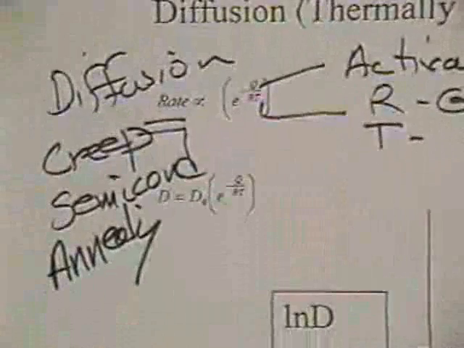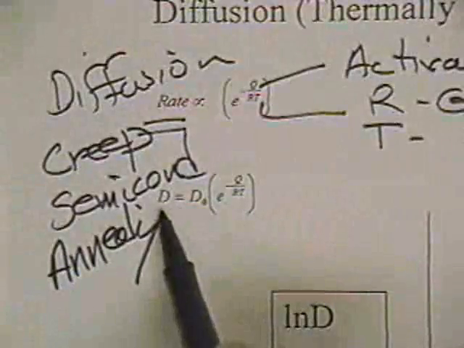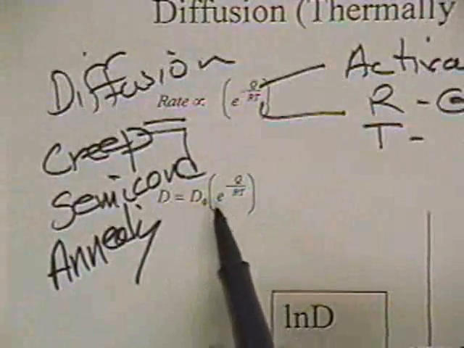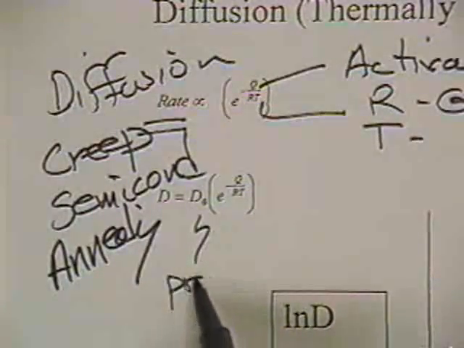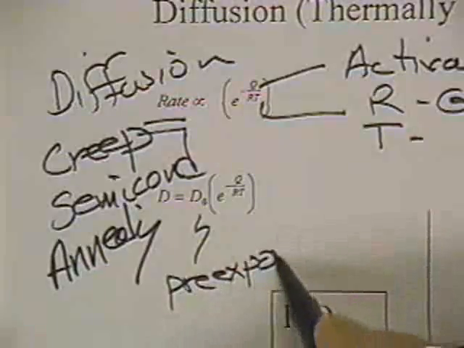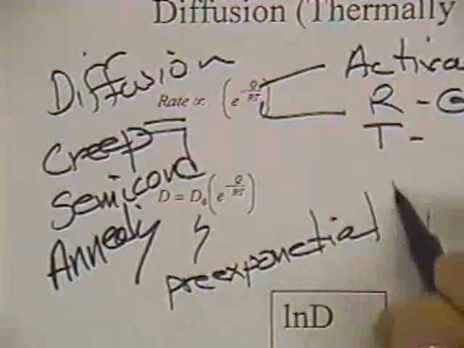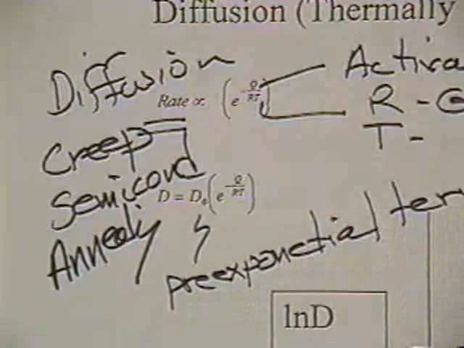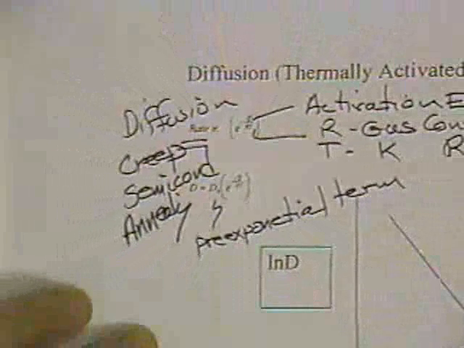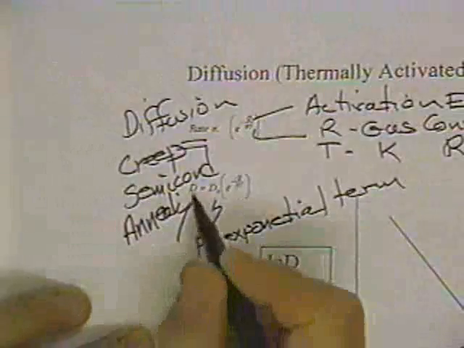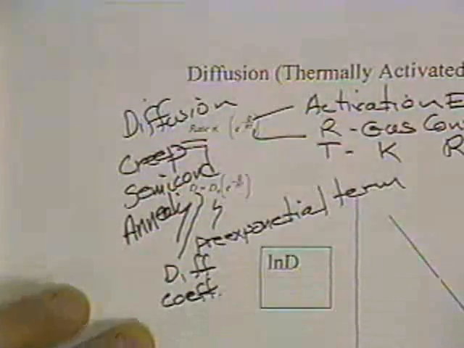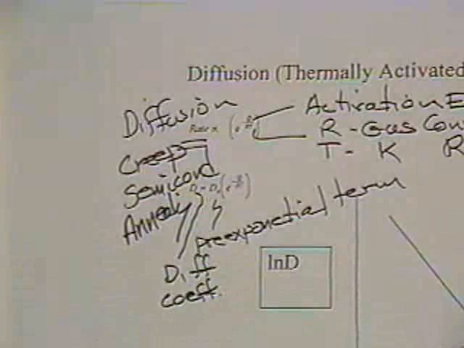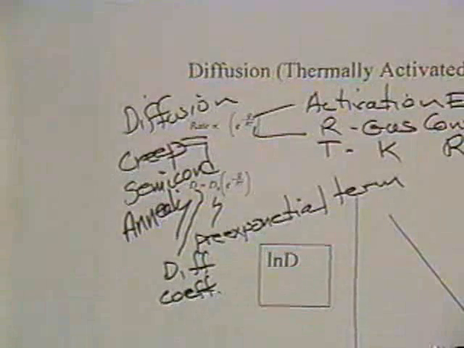For diffusion, we can write that the diffusion coefficient D is equal to D0 e to the minus Q over RT, where D0 is called the pre-exponential term, and really it has everything in there that we don't know. D here is the diffusion coefficient.